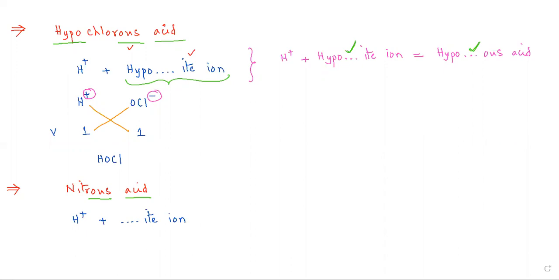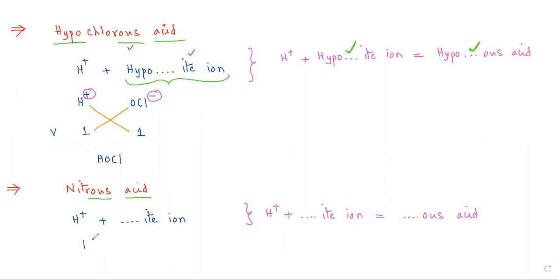So the formula here is H plus plus ite ion is nothing but ous acid. Any ite ion. There are many varieties. But now we have to consider nitrite because they are asking the formula of nitrous acid.